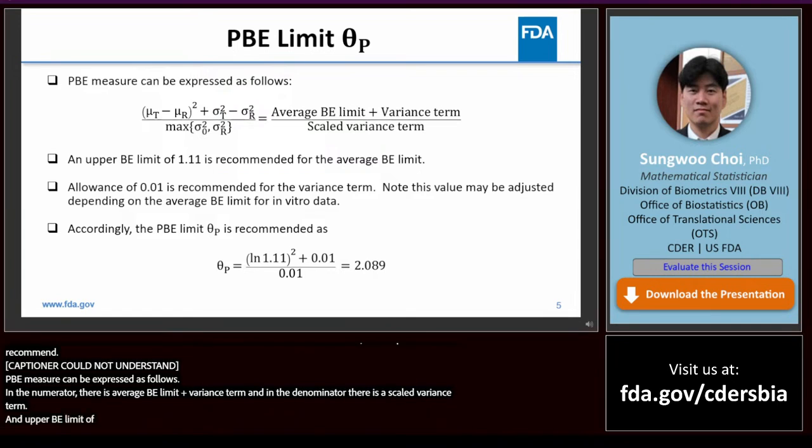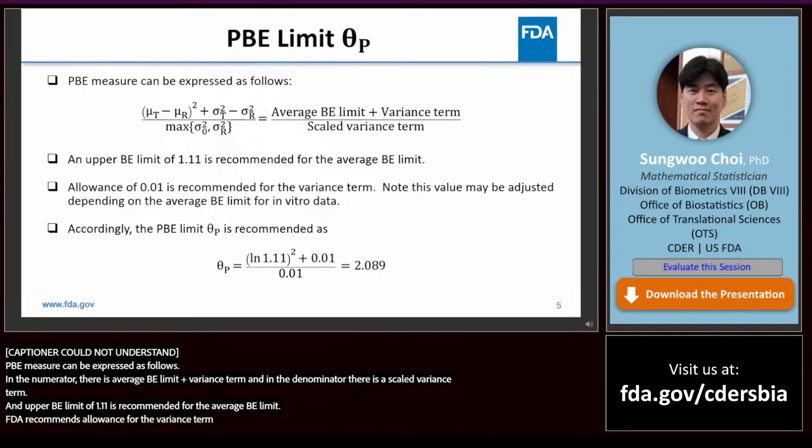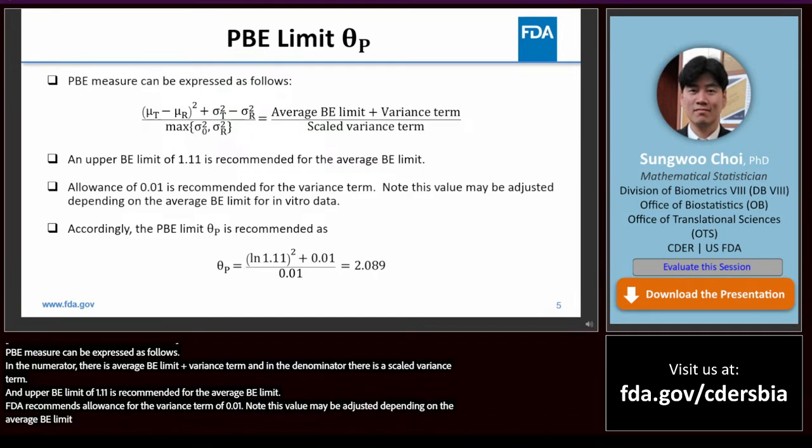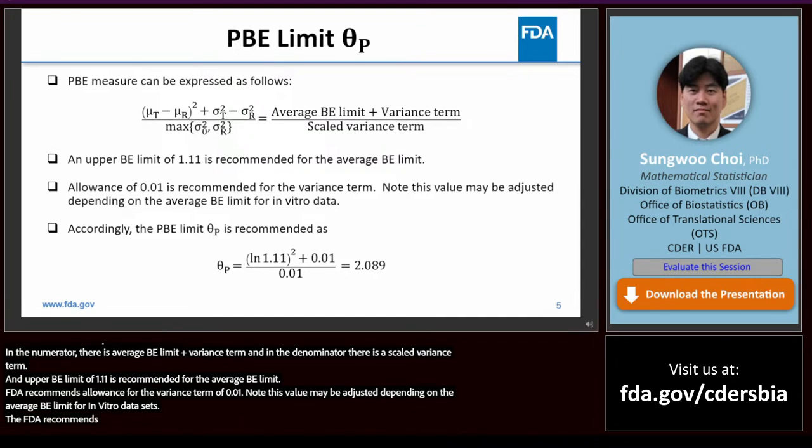Also, the FDA recommended allowance for the variance term is 0.01, but this value may be adjusted depending on the average bioequivalence limit for the in vitro dataset. Based on these assumptions, FDA recommends the population bioequivalence limit, which is theta p, is 2.089.